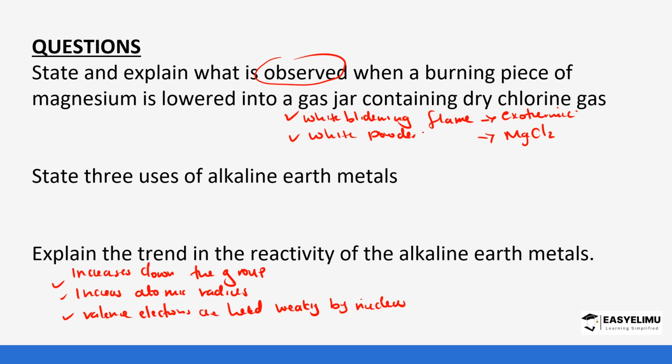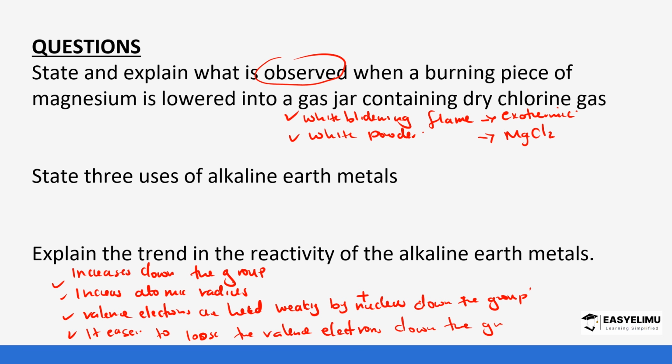So you can talk about the positive nucleus. They are held weakly down the group. It's very weak in calcium compared to beryllium. If they're held weakly, it means it's easier to lose the valence electrons down the group. And that answers the question.